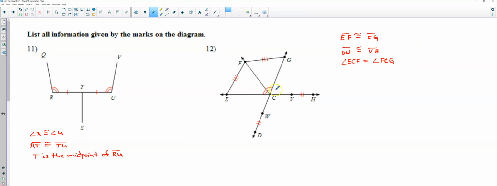That's given. Because of that, I could say that the ray CF is the angle bisector. Because these two are congruent, that means it's cut in half, so it is the angle bisector of angle ECG.